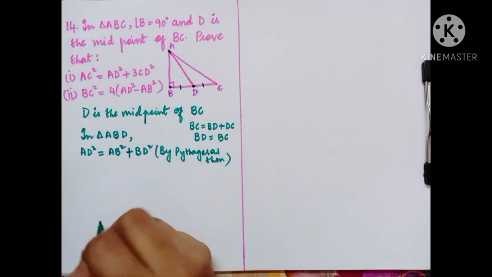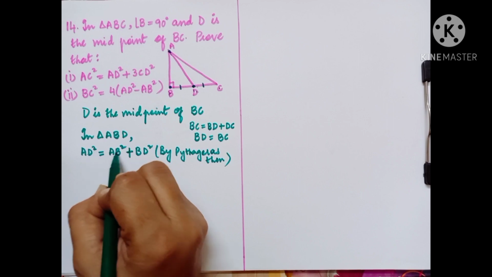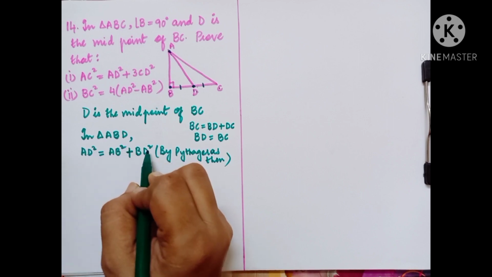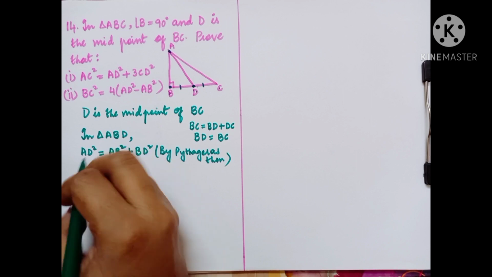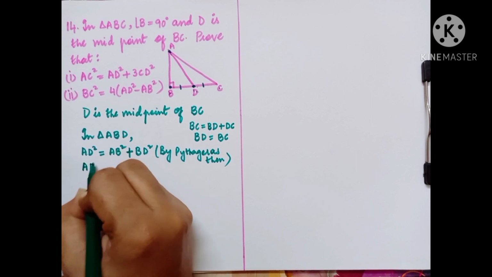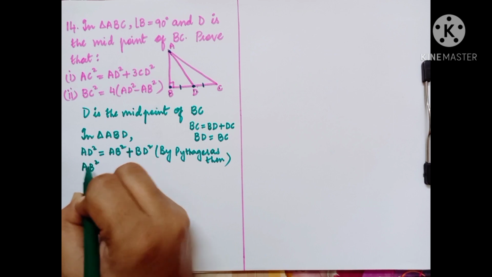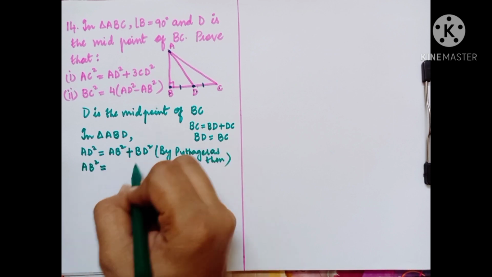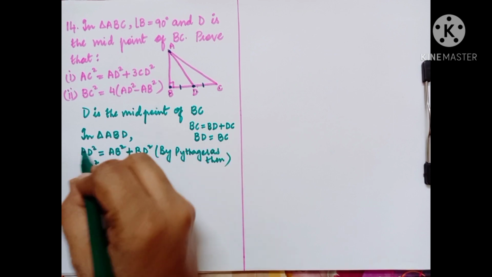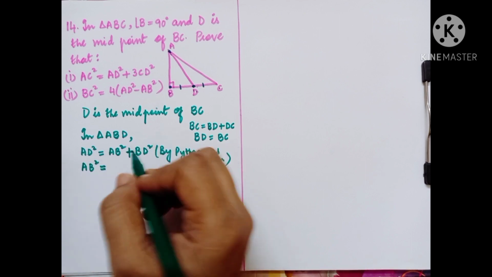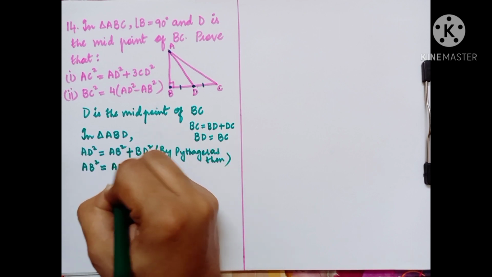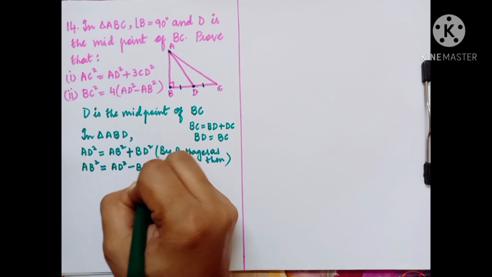The next one is AD square equals AB square plus BD square. Now if we take AB square to the left hand side, then what is remaining on the right hand side? This AD square, and this plus BD square will become minus BD square. So AB square equals AD square minus BD square.